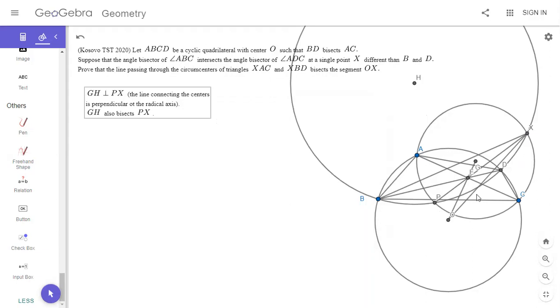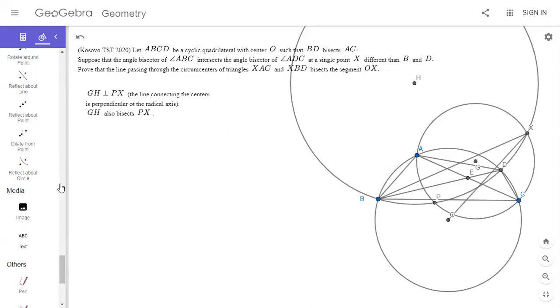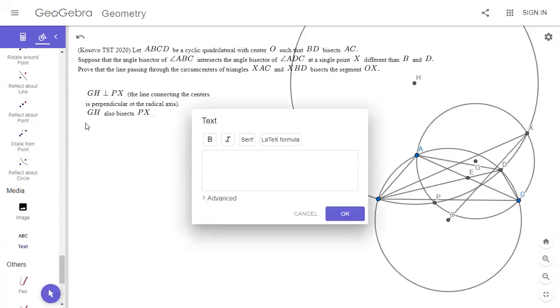I3435 said to draw the circumcircle. Actually, I don't think we had this collinearity originally, or this one actually. So X, E, and P are collinear by the radical axis theorem. I don't even know if we need that, but I'm just going to write it out.